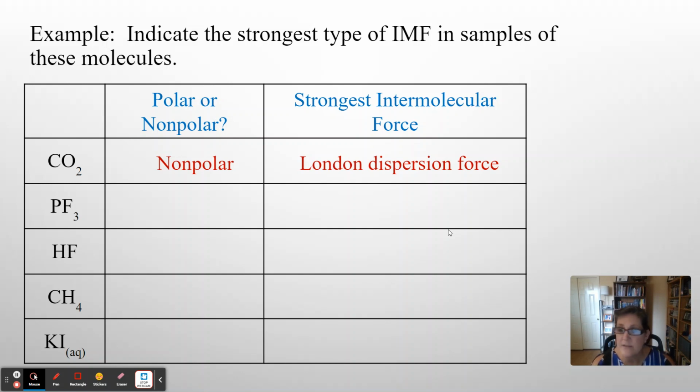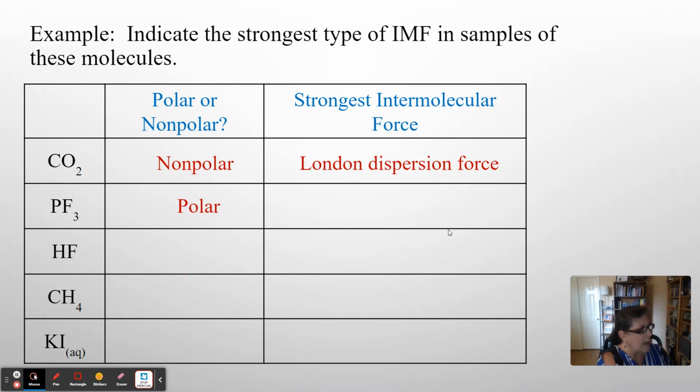PF3 is not symmetrical. The P has 3 fluorines coming off of it, but there's a lone pair above the P. Okay, so it's very asymmetrical, which makes it polar. PF3 is polar because the poles do not cancel. It's a trigonal pyramid shape.